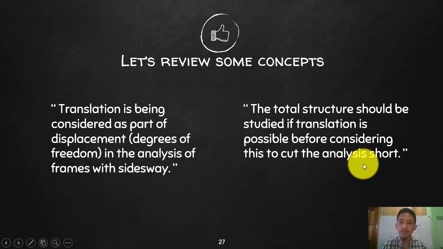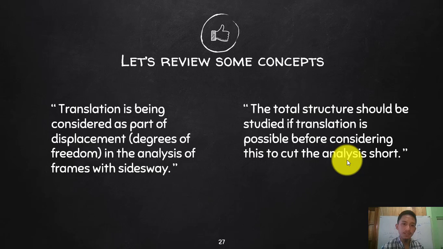So what this means is that first try to investigate if that will have a sidesway or not, because actually you can consider it as with sidesway all of the time. But if you consider a sidesway on a frame without sidesway, you will just have a longer solution, but you will end up later on with your delta as 0.